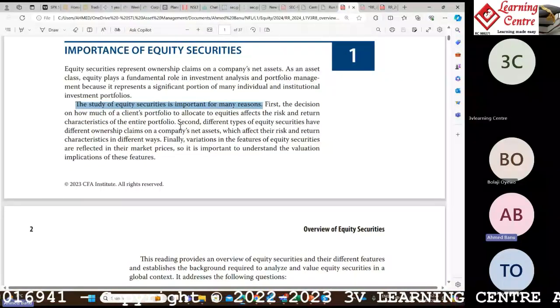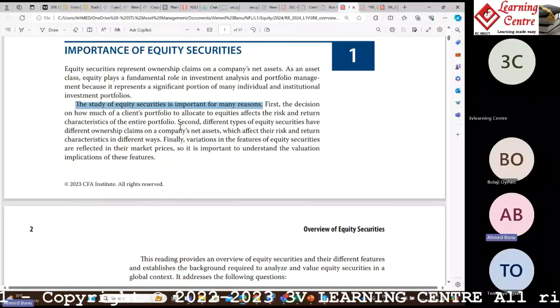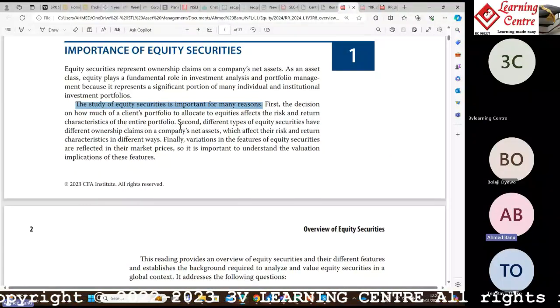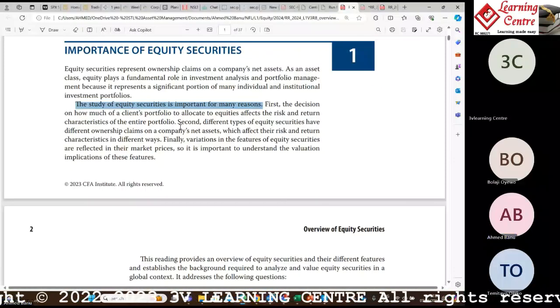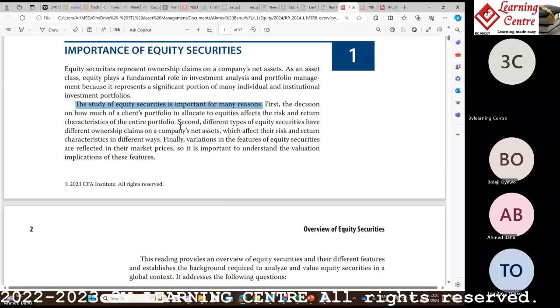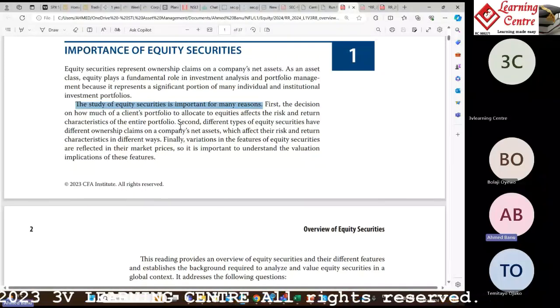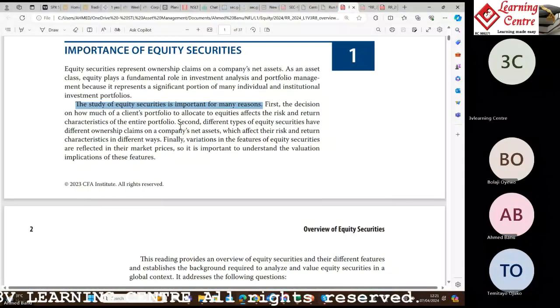You need to align your own objectives in terms of risk and return with the risk and return that these different types of equity investments provide.